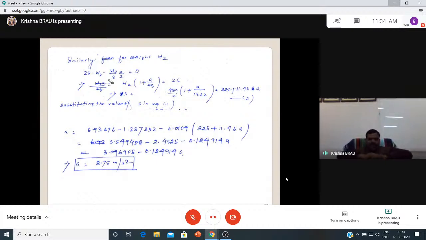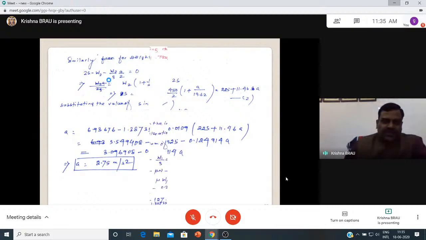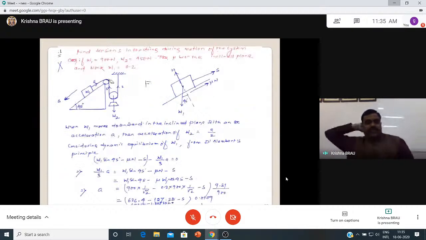From this, find out the tension in the string in terms of A. Once we know A, you find the unknowns. So like this, the same problem can be done using Newton's law.